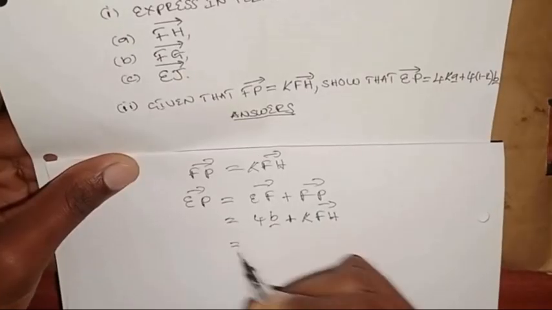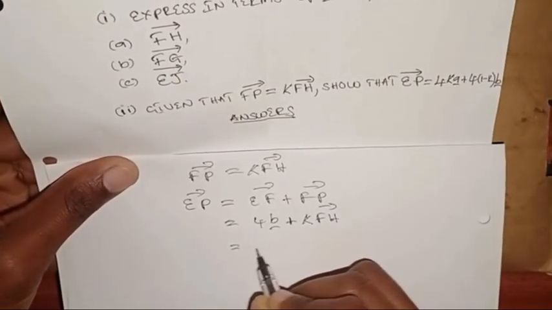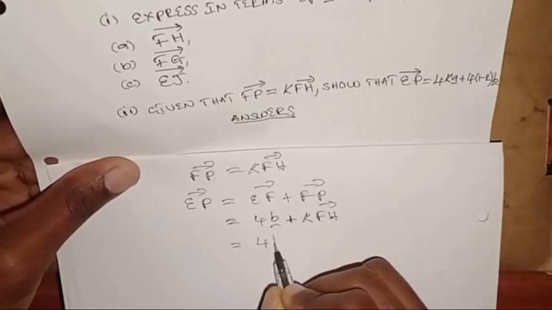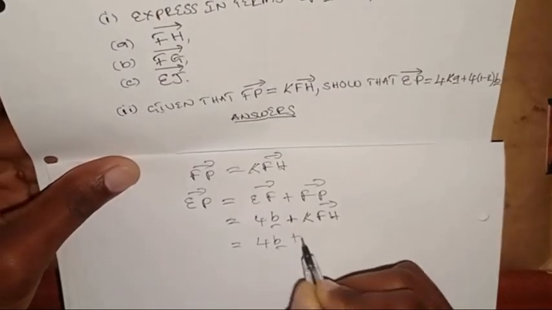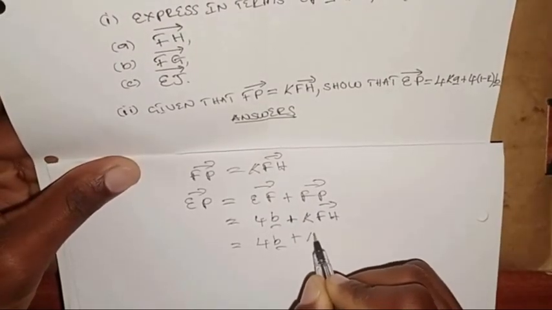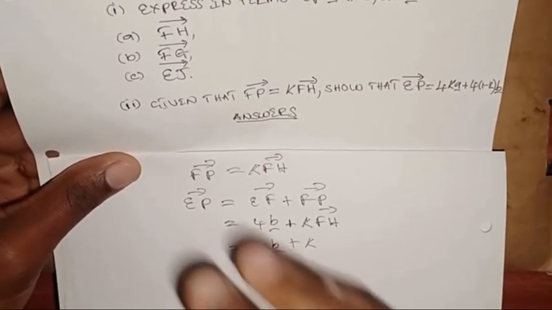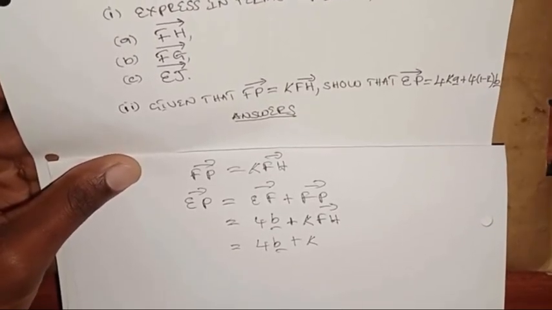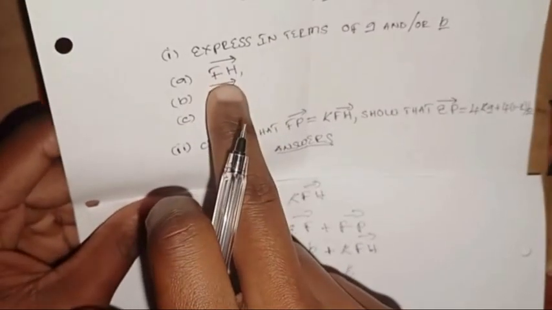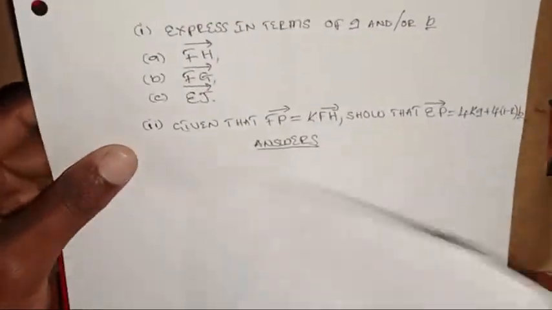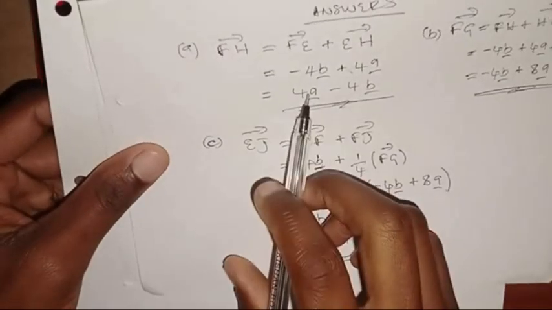So this is becoming very elegant. So 4b plus k. What is FH? If you think about it, we already have the value of FH. As you can see, we solved this question, FH. So this is FH.